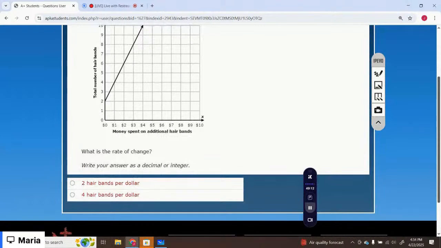That is 2 hair bands per dollar. Option number 1 is the correct option.